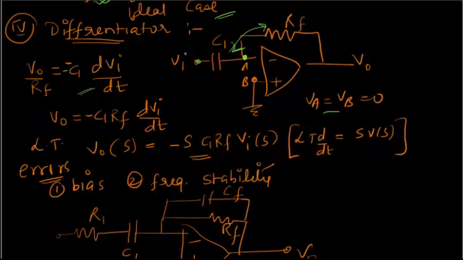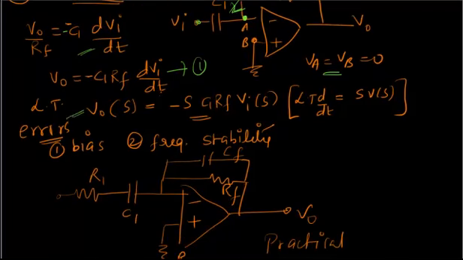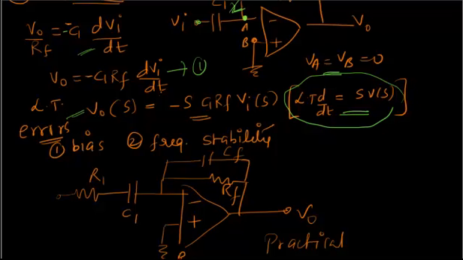And this is the same. Vi is equal to Vb is equal to 0, and here if you send RF this side, this is the final equation you will get. If you Laplace transform, you will get the S domain, that is the frequency domain, and this is the formula I have used to convert to the frequency domain. Remember, there we used the integration formula, here we are using the differentiation formula.